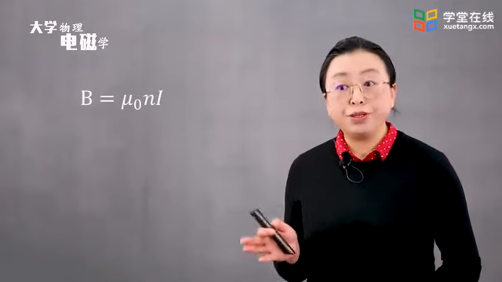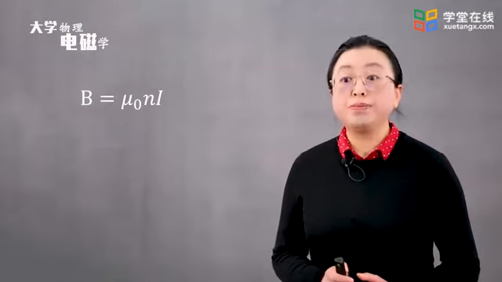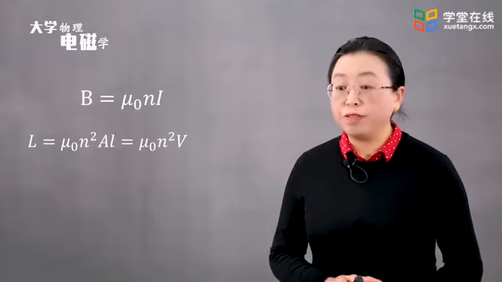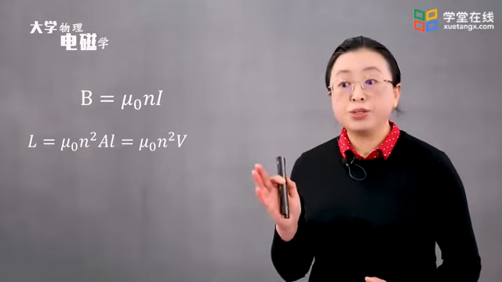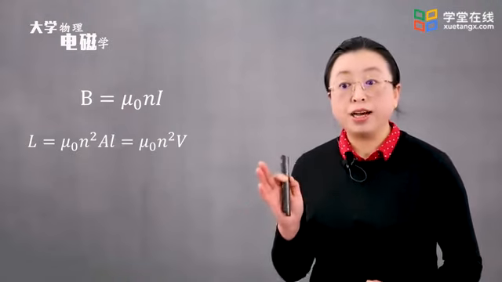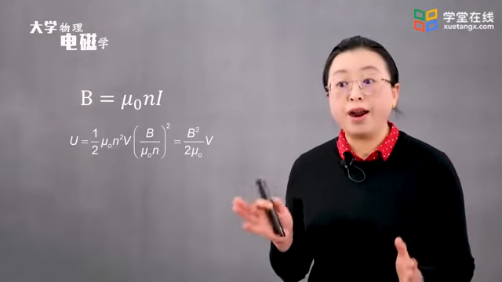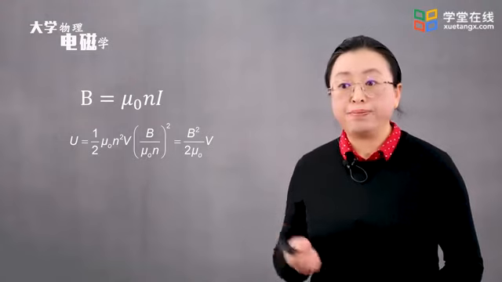The magnetic field of an ideal solenoid is given by this one: B equals mu0 times N times I. The inductance of an ideal solenoid equals mu0 times N squared times V, as obtained earlier. Substituting the expressions for L and I into the equation of U, we have this one.